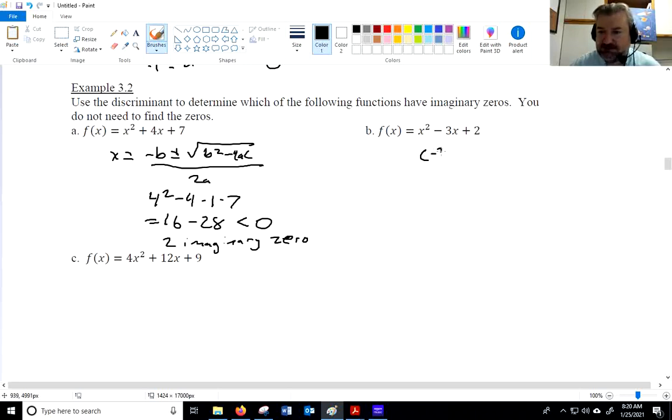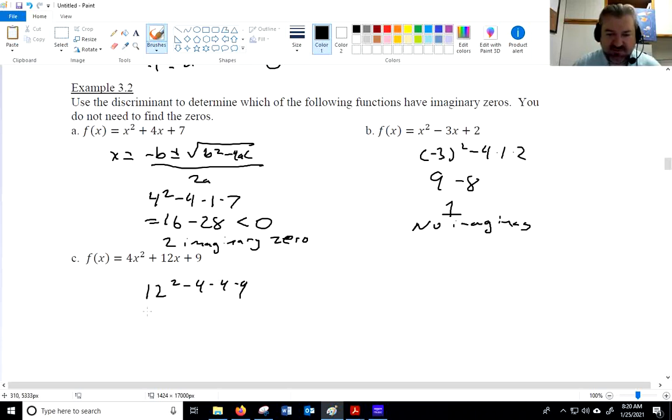b squared minus 4ac. So 9 minus 8 is 1. So this one does not have any imaginary solutions. You can say 2 real or maybe no imaginary, because that's what we're asking, is what has imaginary solutions. All right, let's take a look at this one. 12 squared minus 4 times 9.